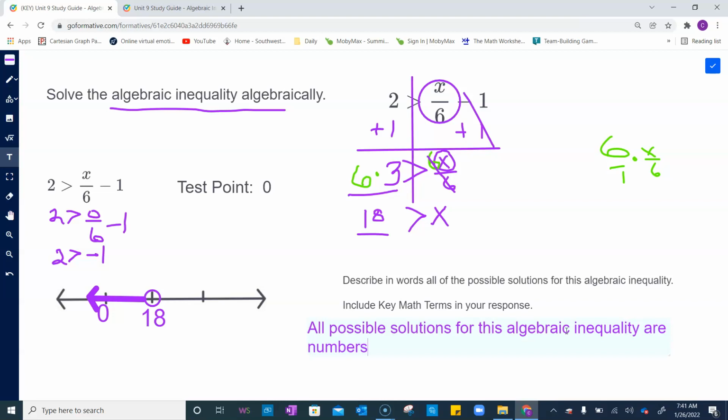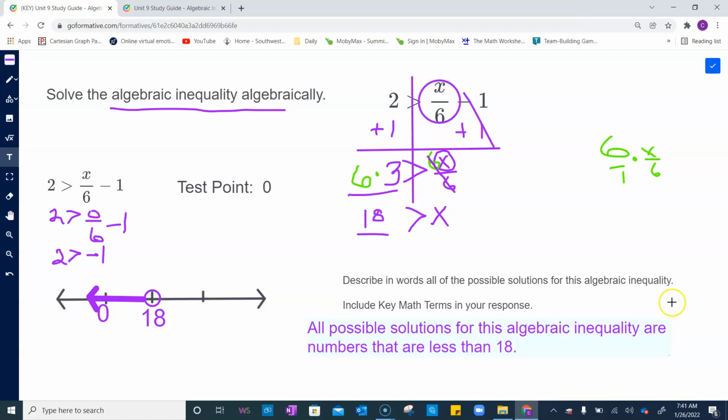are numbers. Well, we can say, looking at this graph, 18 is the biggest number we can get. So all the numbers that are, and it can't be 18, so all the numbers that are going to work are numbers that are less than 18.